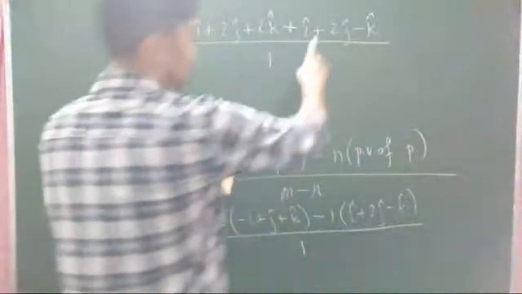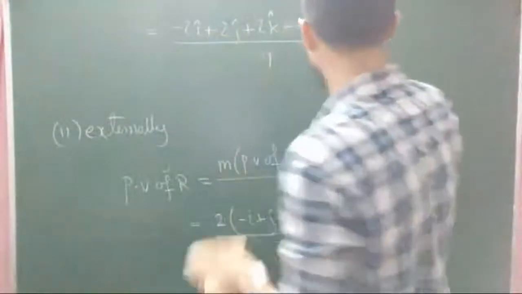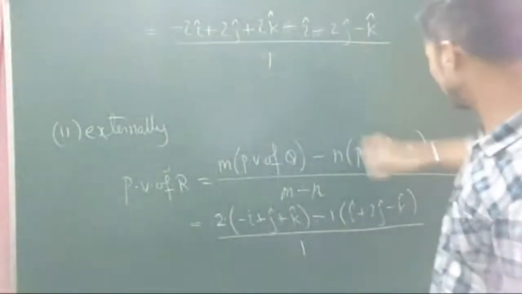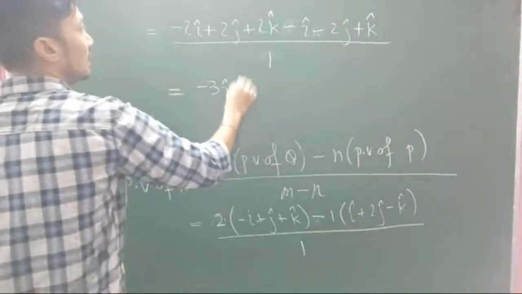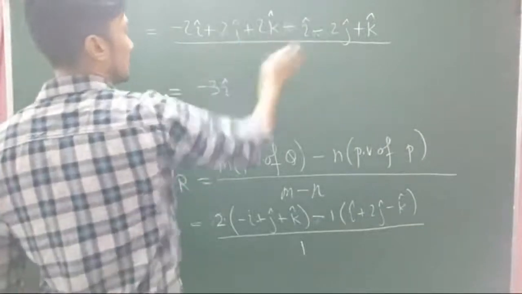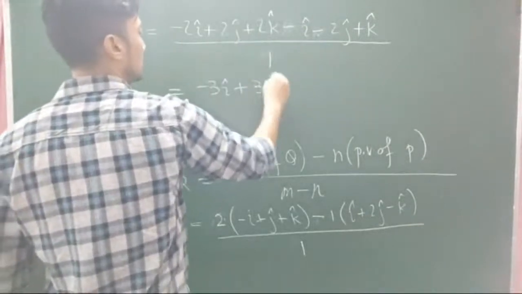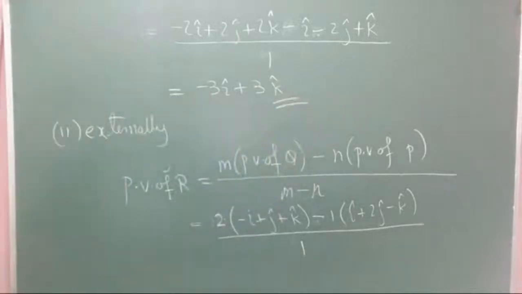So this will become minus, this will be minus, this will be plus, so there will be some changes. This will be minus 3i, j cancels, 3k plus. Almost done. Just 2 more questions left for us. Minus 3i plus 3k. Alright.